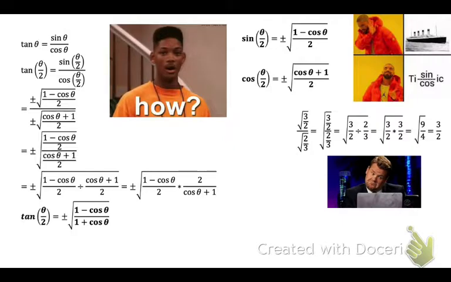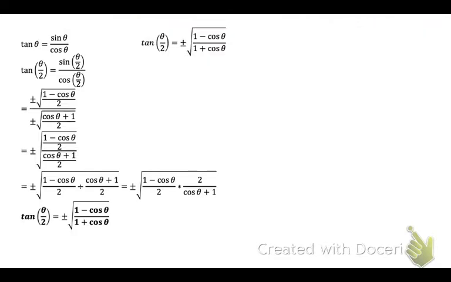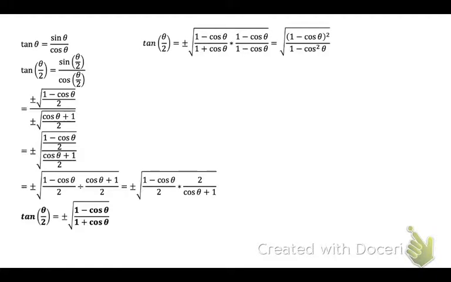Kind of cool. Okay, so then there's a couple other tangent equations, and I'll try and go through this kind of fast. So I could multiply by the reciprocal of the bottom, so 1 minus cosine of theta. And if we multiply that out, I end up with 1 minus cosine of theta squared on top over 1 minus cosine squared of theta. These two down here, if we multiply them, I could use the box real quick.